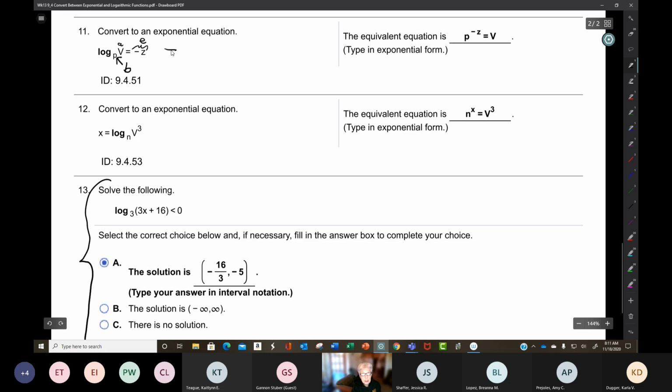They want us to change this to an exponential equation, and that has the form B to the E equals A. So, we're going to do it. P raised to the negative Z power equals V. Ta-da!